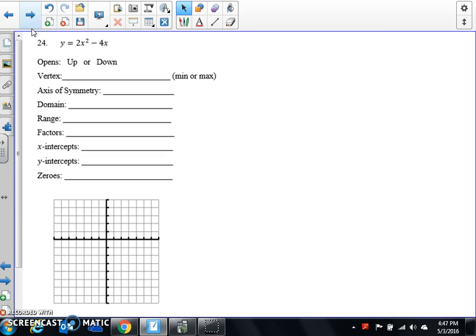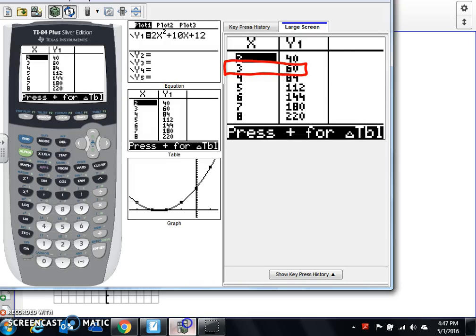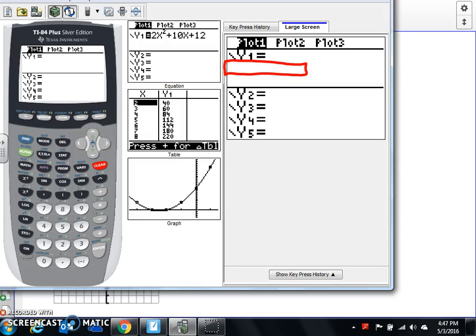Okay, so each one of these, we're going to take one step at a time. So my A is positive. It's a positive 2, so I know it's going to go up because that's a mini. And then let's go ahead and find its vertex. So our vertex, let's plug it into our calculator. So y equals, wrong page, 2x squared minus 4x.